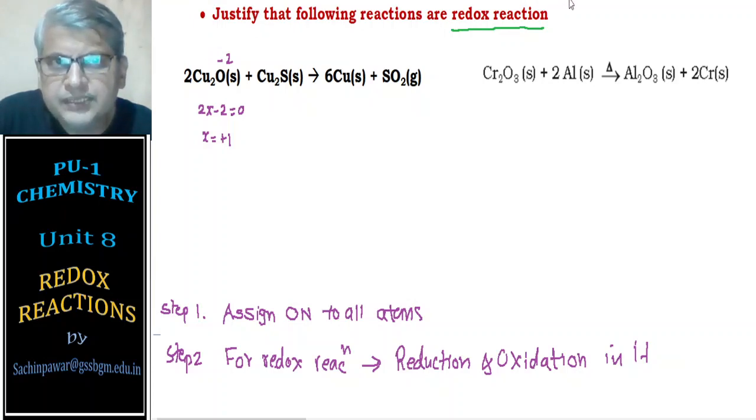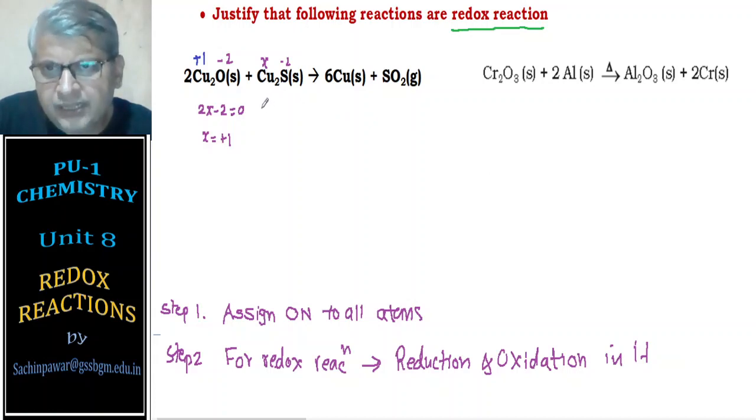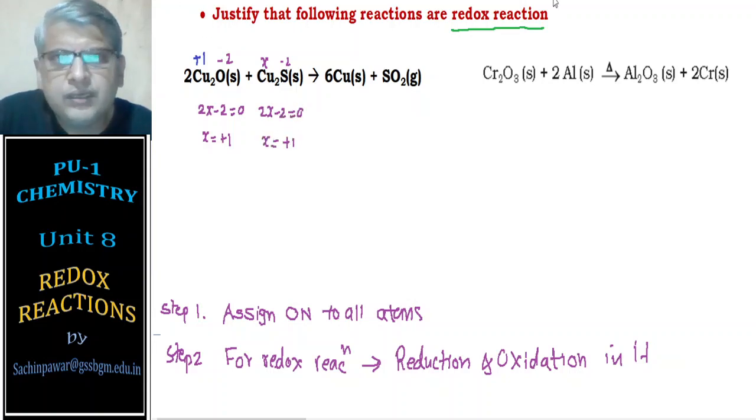Here if you take sulfur, it is minus 2, and copper is X, so this is again copper in plus 1 state only. 2x minus 2 is equal to 0, so X is equal to plus 1. So here copper is again in plus 1 state.